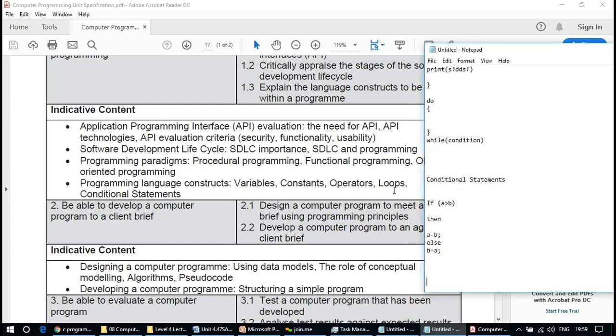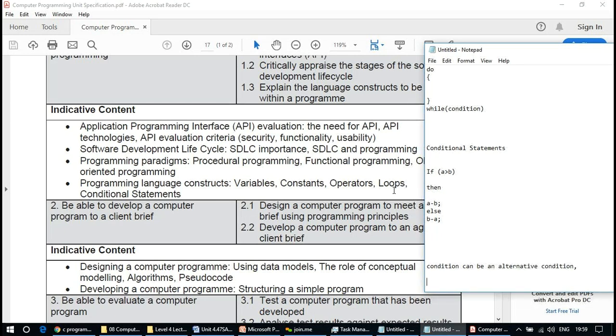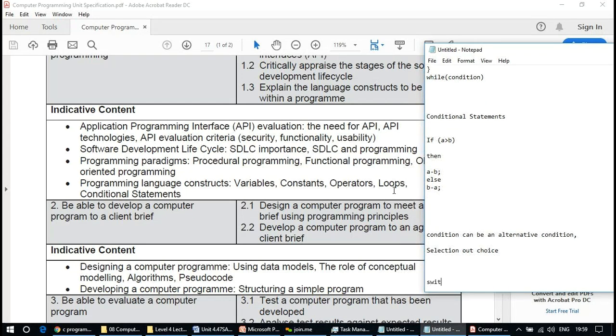The condition can be an alternative condition: for example, if A is greater than B, then you do this, otherwise you do this. Or the condition can be a selection out of choices, for example, switch.